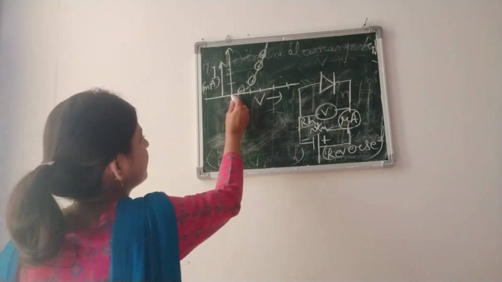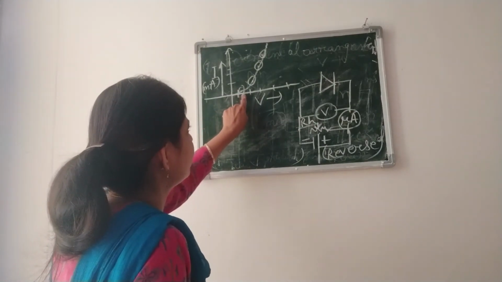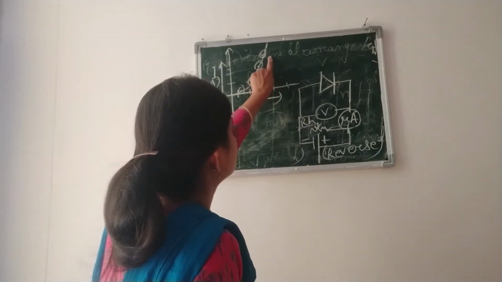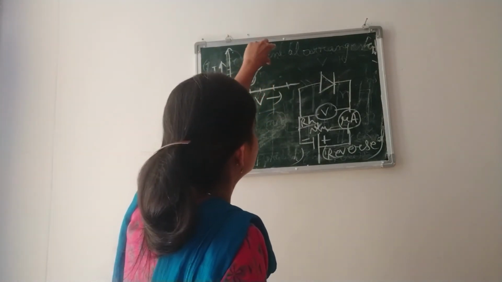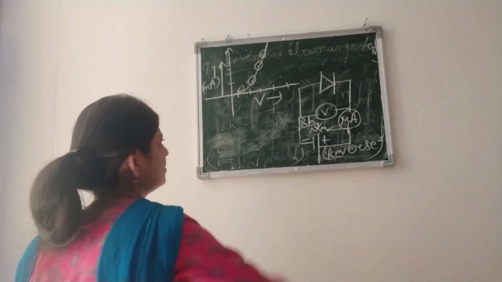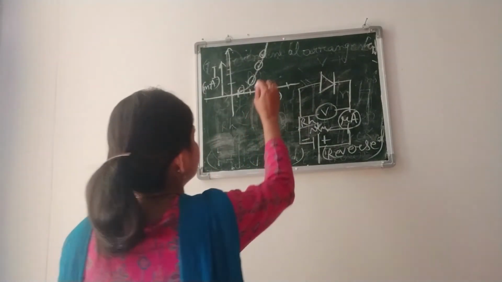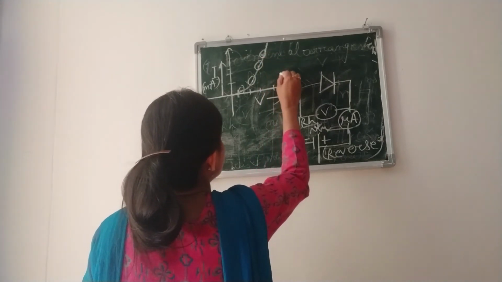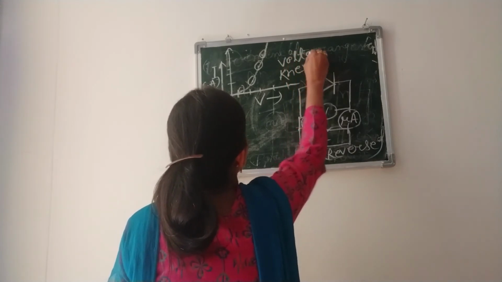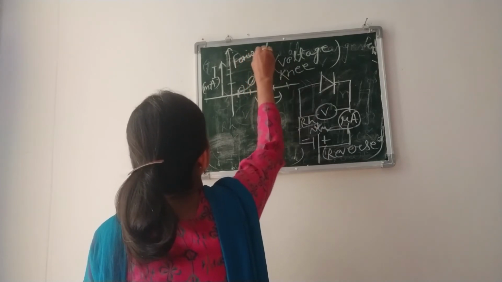First the current will increase very slowly till the voltage attains a particular value. That voltage is called the knee voltage. This is in forward bias.